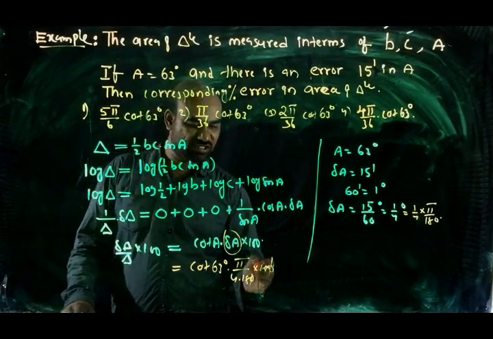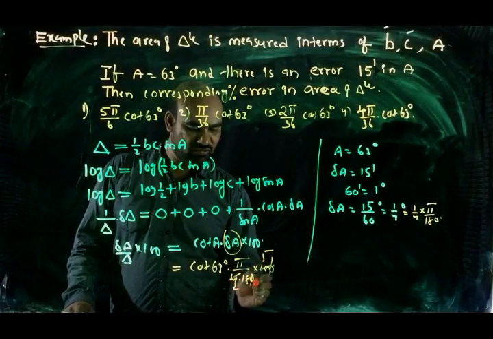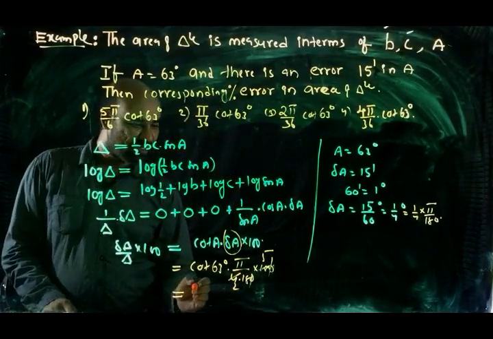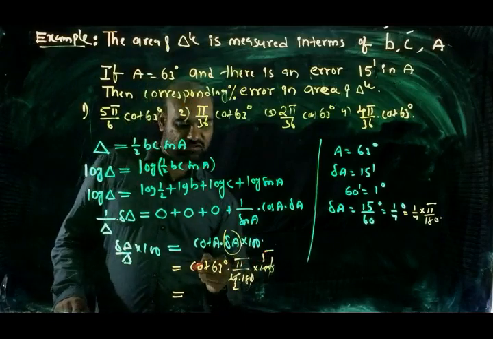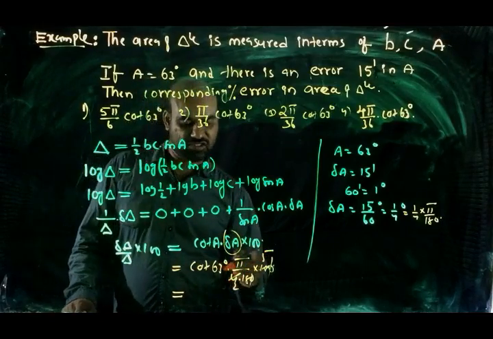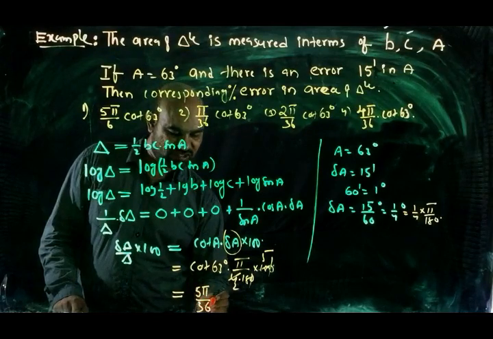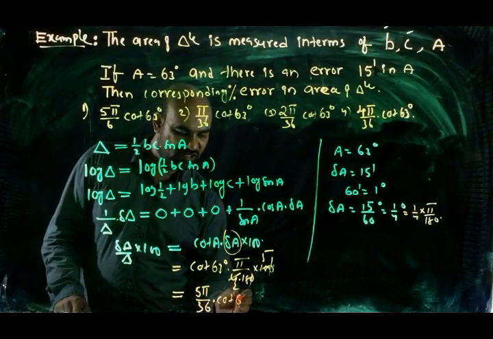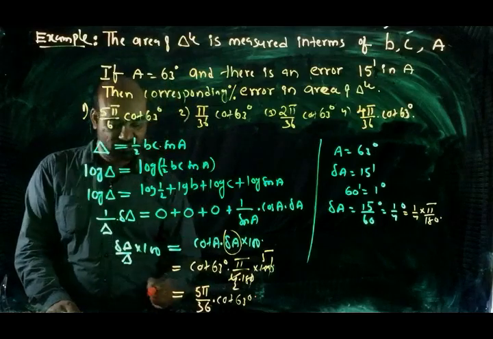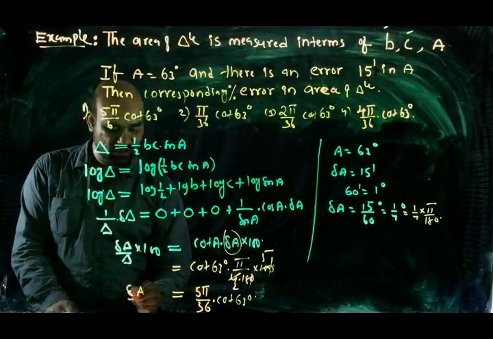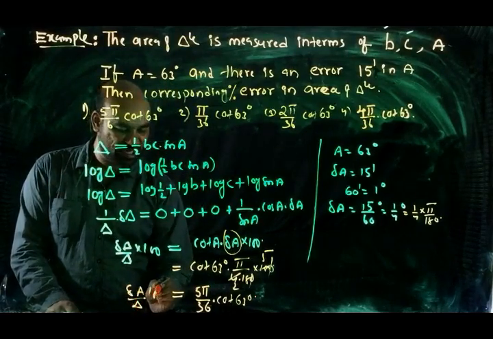The zeros get cancelled, the 5s and the 2s cancel. So what we got is 5 pi by 36 into cot 63 degree. This is the percentage error in area.